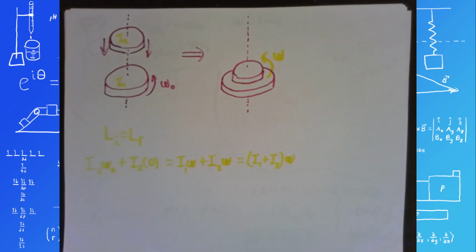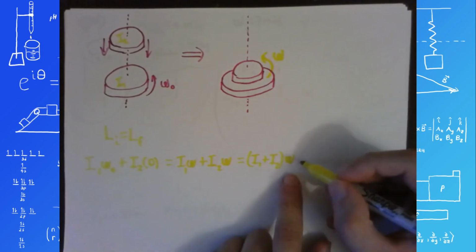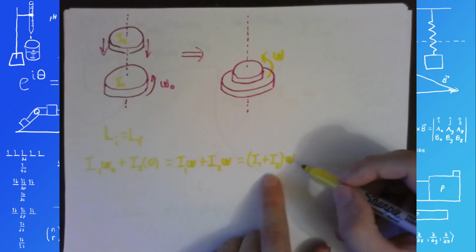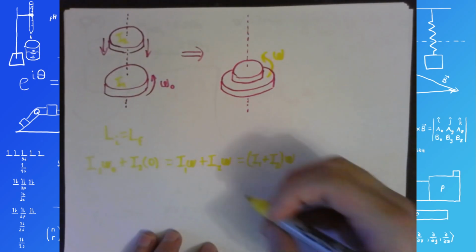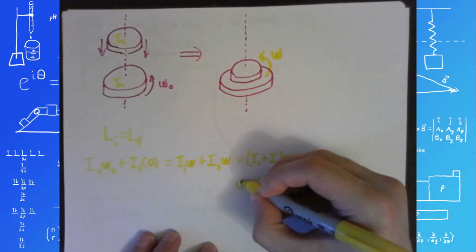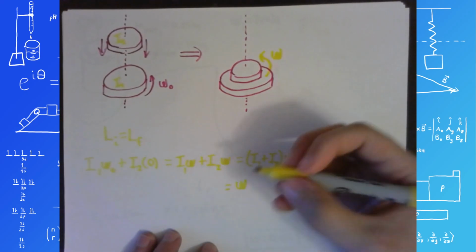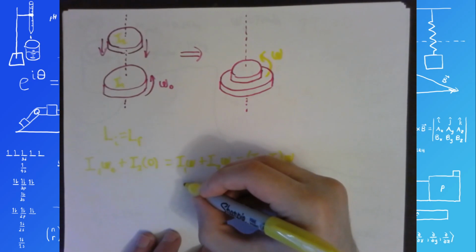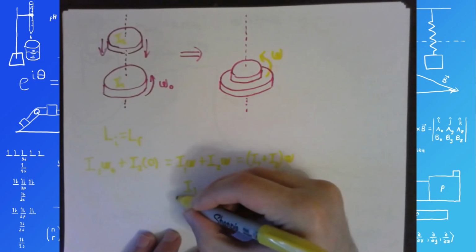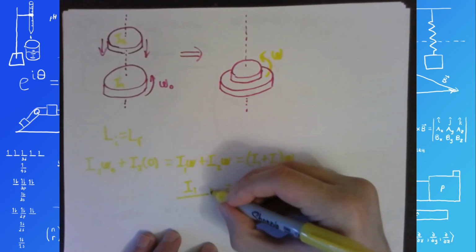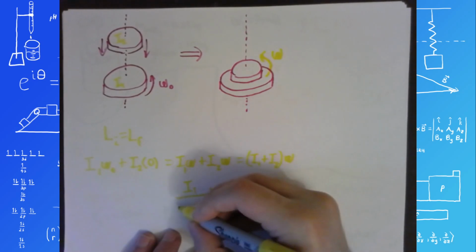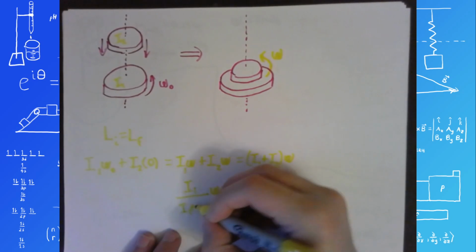From there, it's actually really easy to do part A. Just divide by I1 plus I2 on both sides, and you have it. Omega is equal to I1 times omega 0 over I1 plus I2.